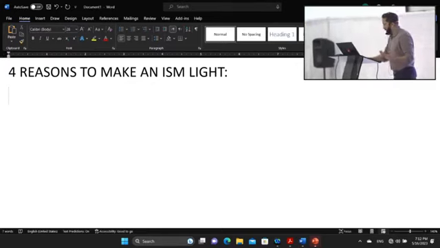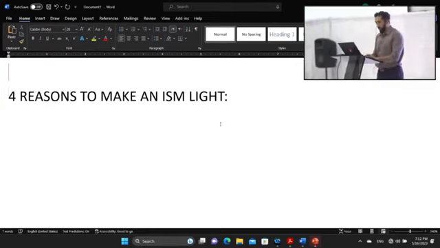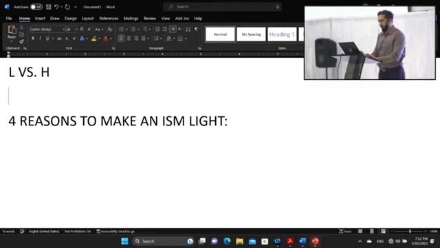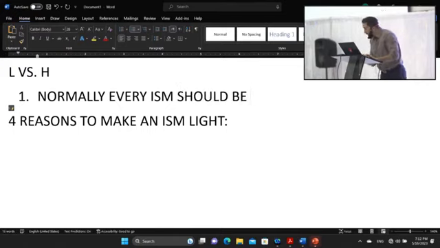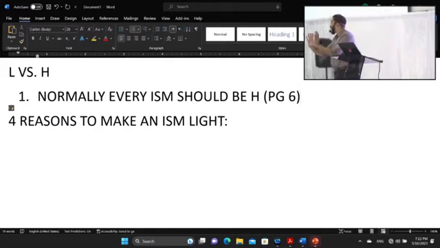So let's ask ourselves, as a recap, a fundamental question: what are some things we know about light versus heavy? Number 1, normally, every ism should be heavy, which is page 6. This is why we memorize page 6. That is our standard for what a heavy ism looks like.